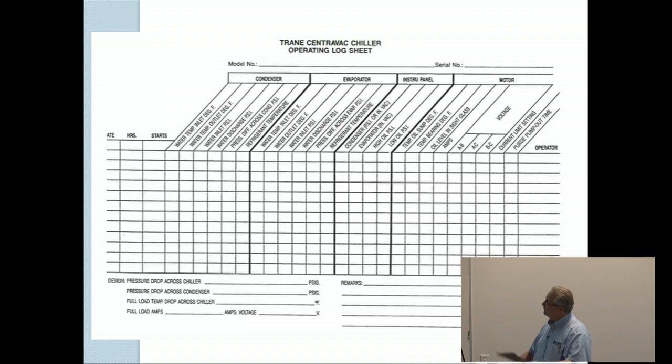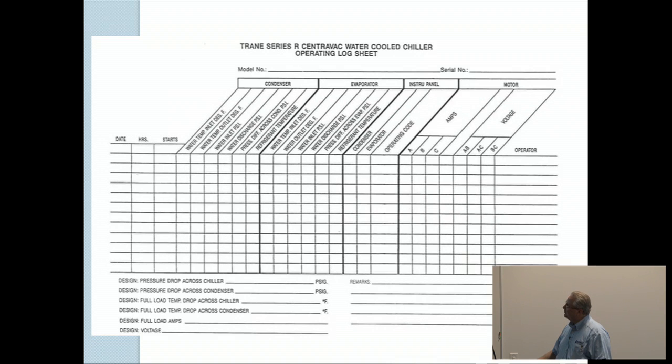This just happens to be for a Trane screw chiller. Again, my suggestion is you can customize any log you want. Tracking the number of hours of runtime and starts is good too, but in today's newer chillers you've got a display panel and you just go through and it gives you most of this stuff.